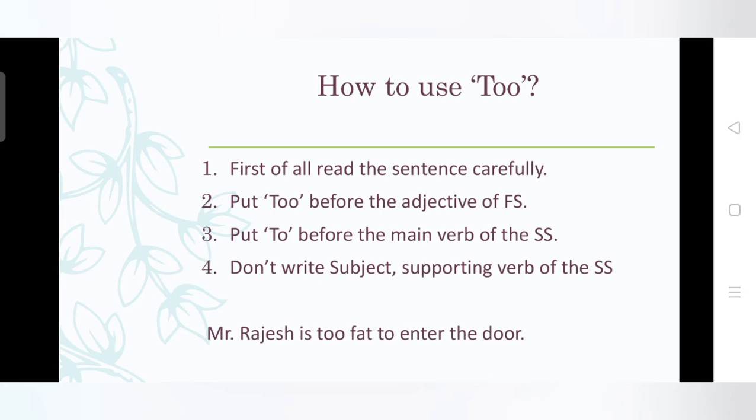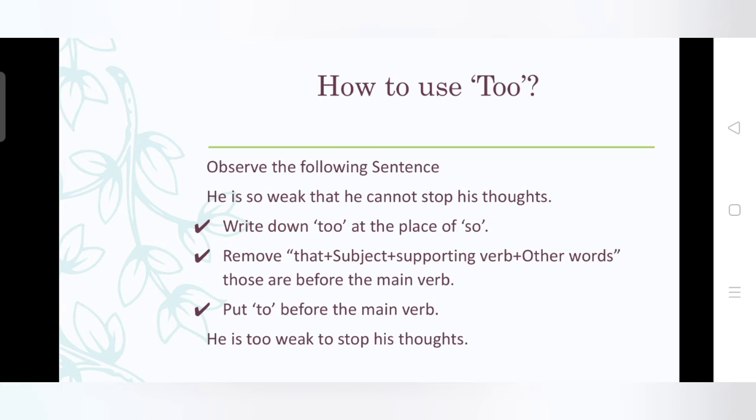So this is how I can convert the sentence using the word to. Remember carefully that the word to shows the result of an action. It is one of the most important functions. Now we are going ahead. Observe the sentence which is given here. The sentence is, he is so weak that he cannot stop his thoughts.